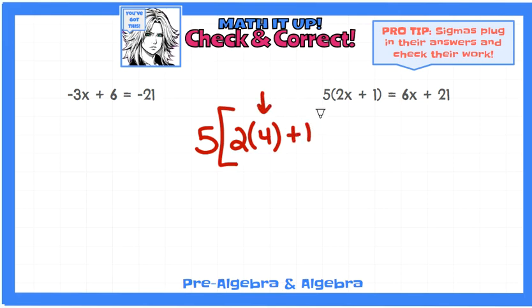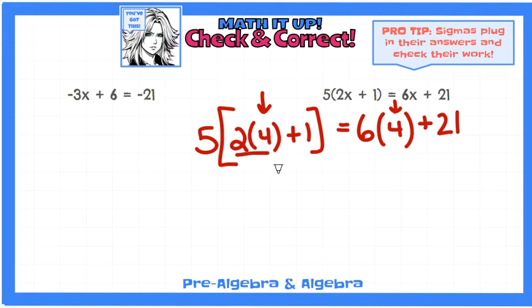Plus 1 equals 6. Again, anywhere there's an x, I'm putting that 4 in. That was my answer. Making sure that these two sides are equal to one another. I have 8 plus 1 is 9. And 9 times 5 is 45.